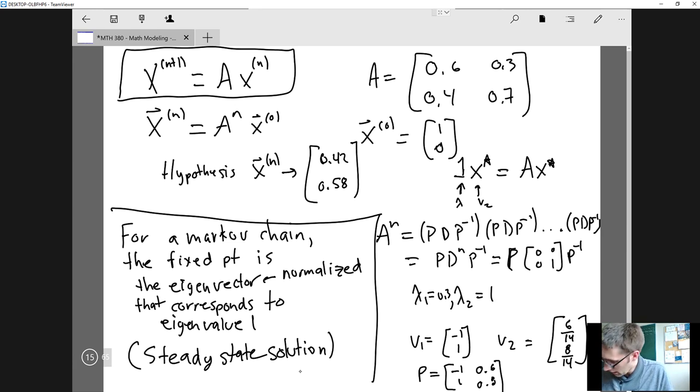And if we normalize that eigenvector, so it represents probabilities, so its entries sum to 1, then that's going to be the steady state solution. Okay? So all of that stuff that we spent a lot of time on in the linear algebra courses comes in handy for describing the steady state behavior of a Markov chain. The numerical solution suggests an answer, but we can verify that using linear algebra to actually prove it.